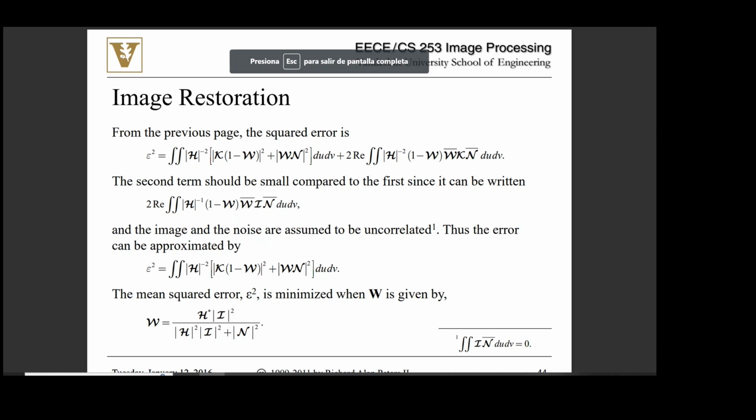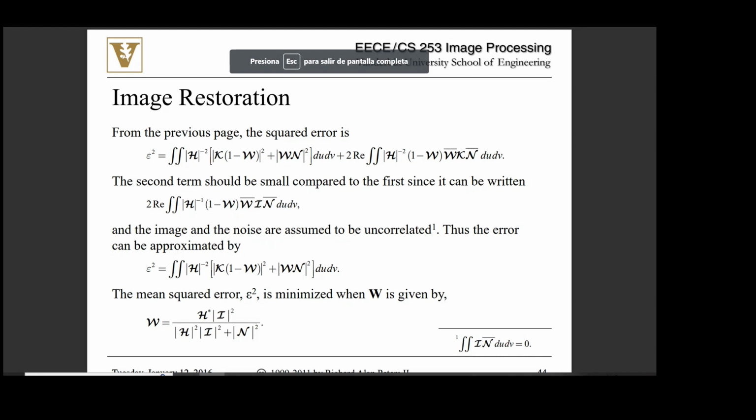So this is a kind of correlation between I and N. And if the two are uncorrelated, then this term should be zero. And then I'm left only with this one. And here, interestingly, there is no I. Well, there is an I implicitly here.